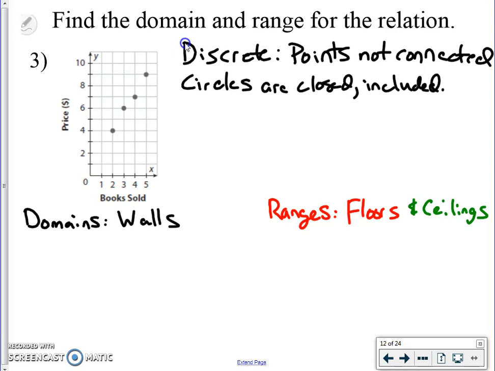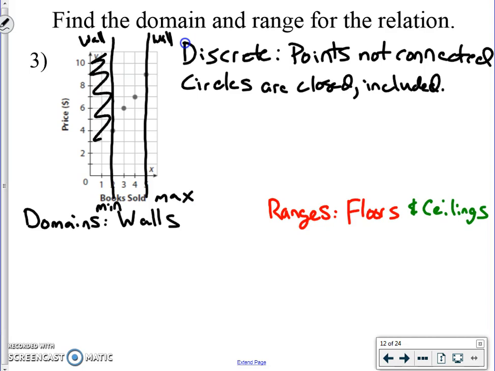For our walls, we'll draw walls. Walls are up and down. And we're going to start that from left to right. I don't see any points to the left of this area here, and I don't see any points to the right of 5. This is a wall, this is a wall, this is my min, and this is my max. I can kind of shade this area out here because there is nothing out there for this function. The walls occur at 2 and 5.